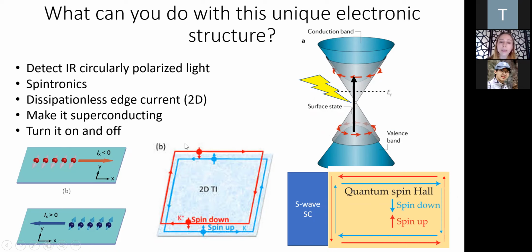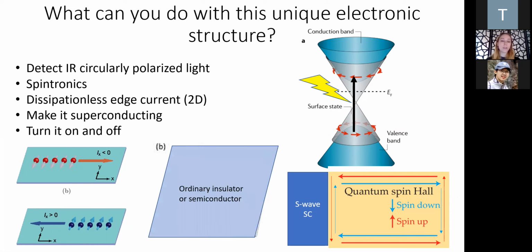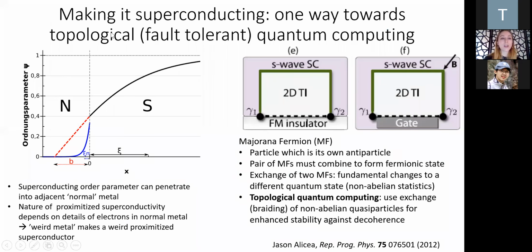For example, in this two-dimensional TI, you have your dissipationless current flowing on the edge, and if you can find a way, in some cases, to turn it off, you have a very good conductor on the edge, and suddenly you don't. Okay, so let me go into a little bit more detail about some of these applications. So first of all, making it superconducting.